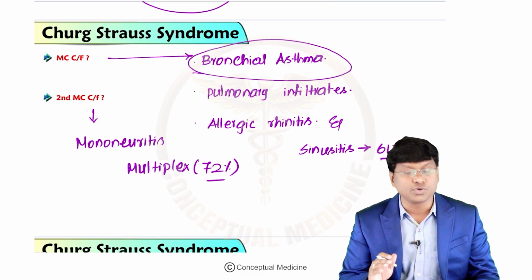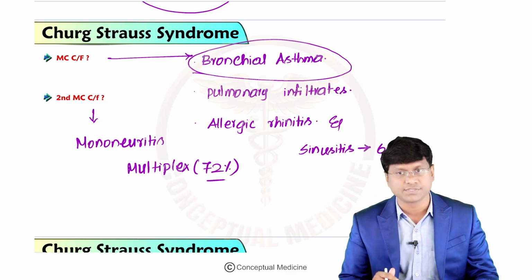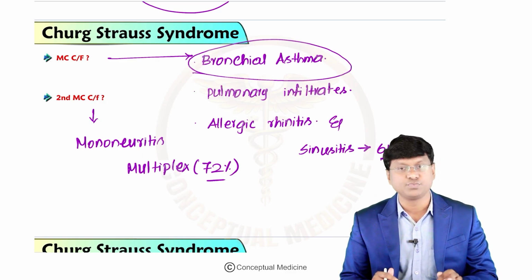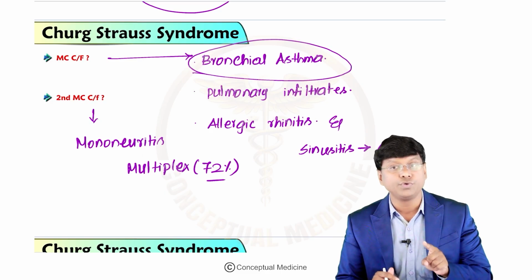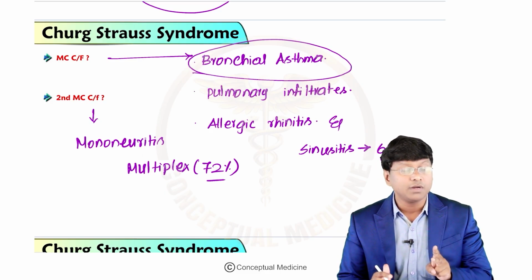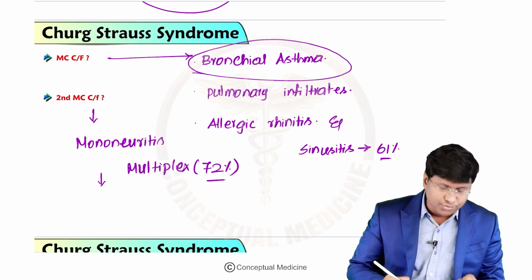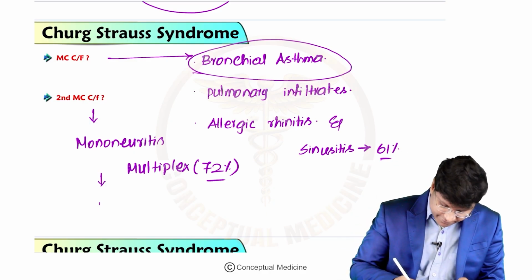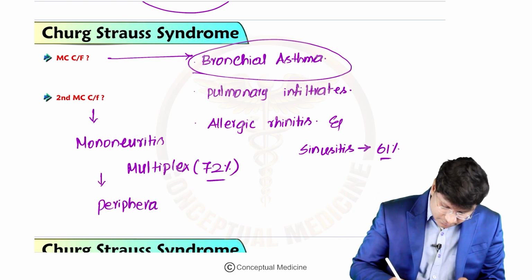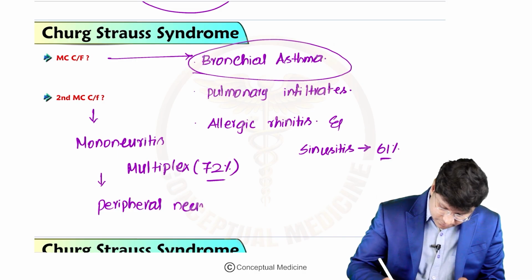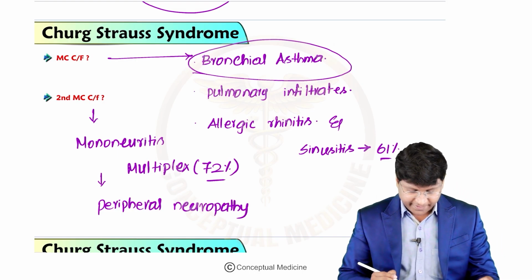At the same time, you should also know what mononeuritis multiplex is. It is also known as mononeuropathy multiplex or multifocal neuropathy. Basically, it is a type of peripheral neuropathy.